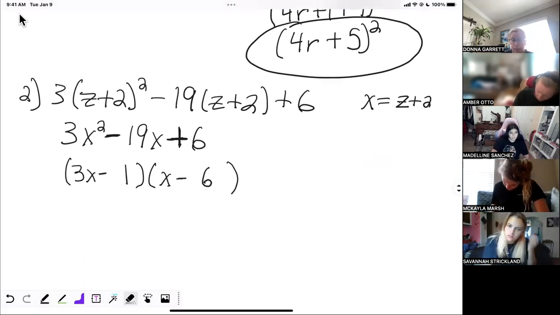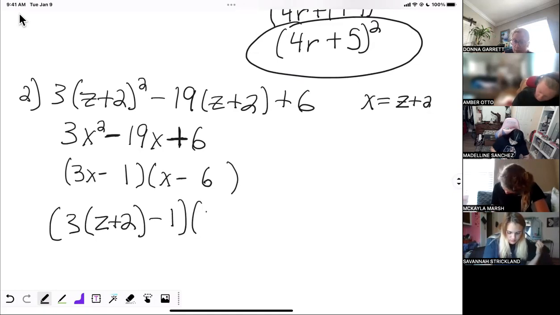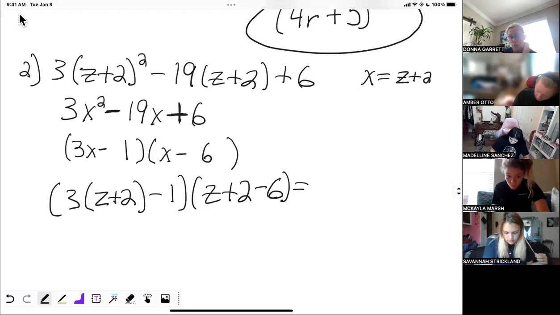Now we have to go back and put in our z plus 2. So wherever x is, we're going to put z plus 2 in and then simplify. So the first parentheses we have to distribute.